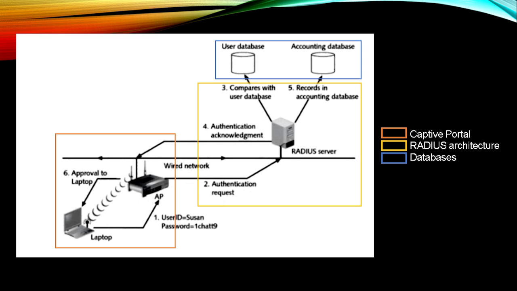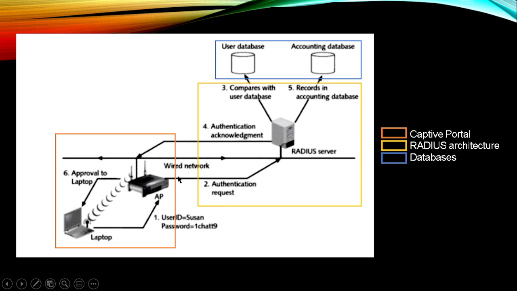Basically, this is the diagram for the network. The red square is the captive portal, where the user connects to the access point, and then the access point, as the client of the Radius, contacts the Radius server.